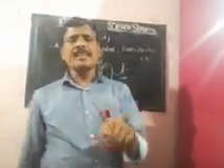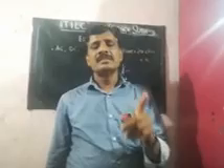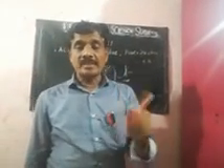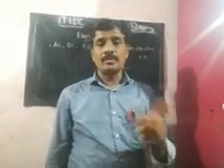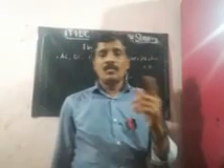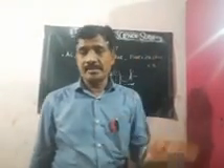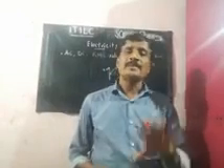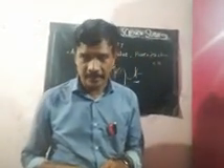Similarly, in 1 second about 50 cycles are completed. So the frequency is 50 cycles per second or 50 hertz. That's known as the frequency of the alternating current.